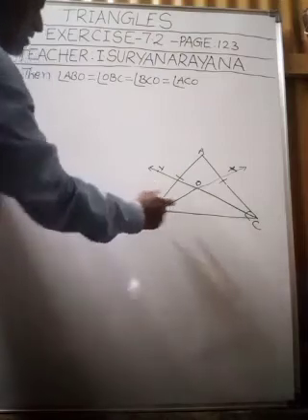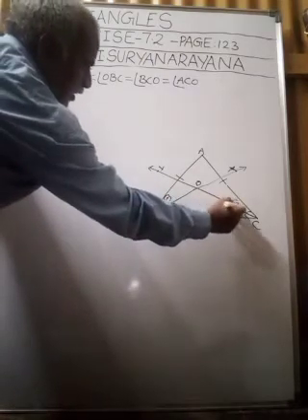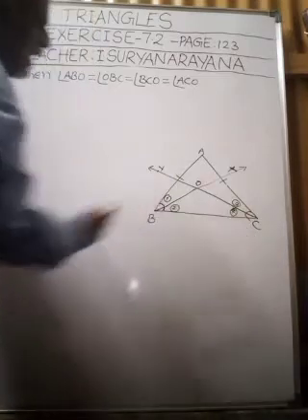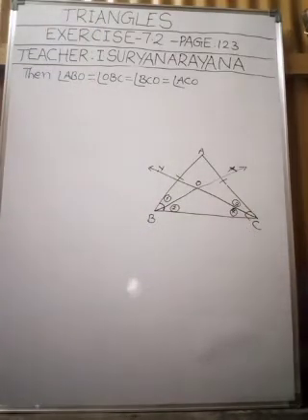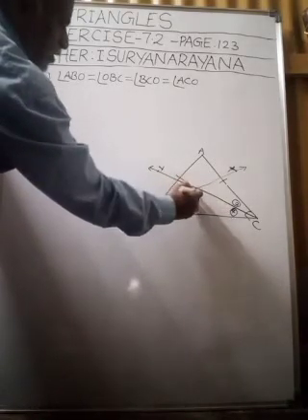All these four angles are equal, 1, 2, 3, 4. Understood this point? What is given? Join A to O.